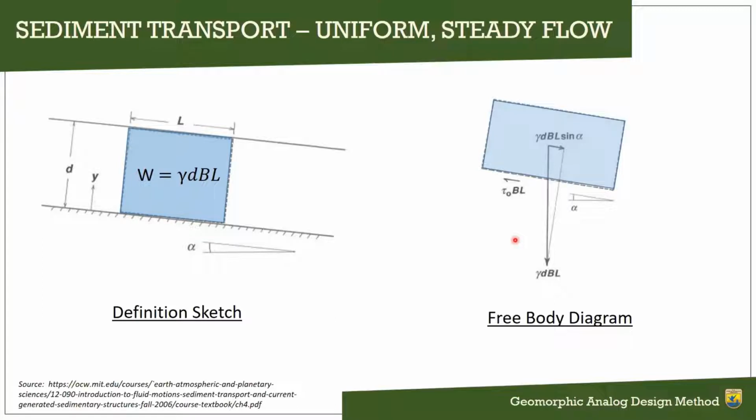So the vector component of the weight of our blob of water that is moving down the slope is offset by the drag force here on our stream bed. We know that these two forces acting on our blob of water must add up to zero if we have uniform steady flow. So we are not accelerating this blob of water, it's just steadily moving.